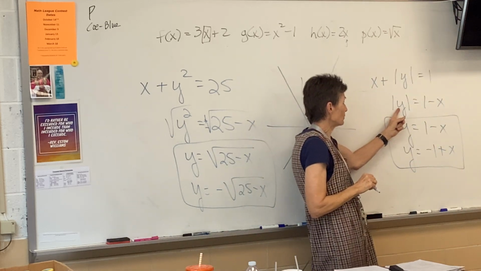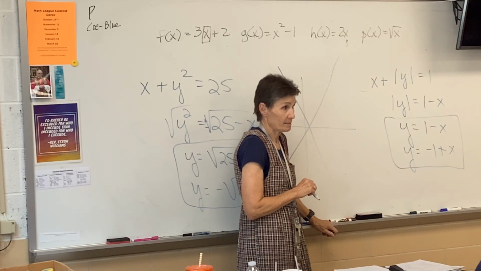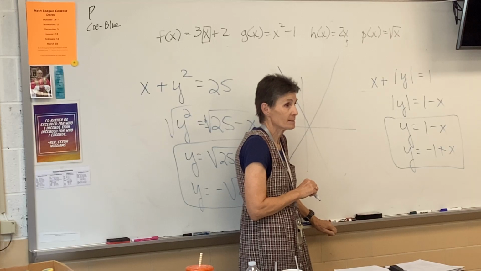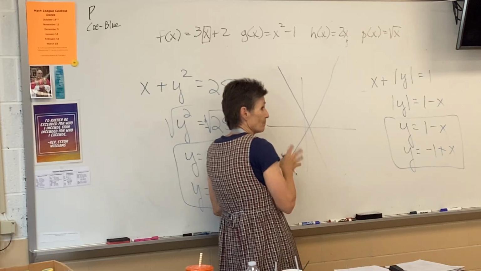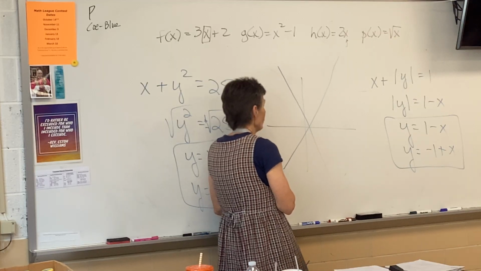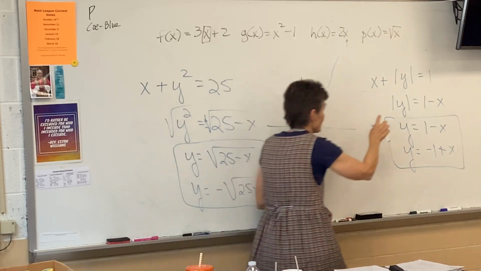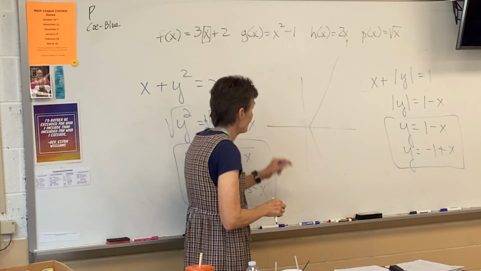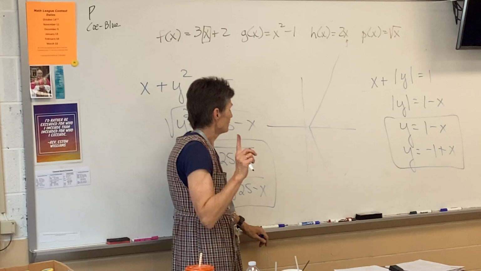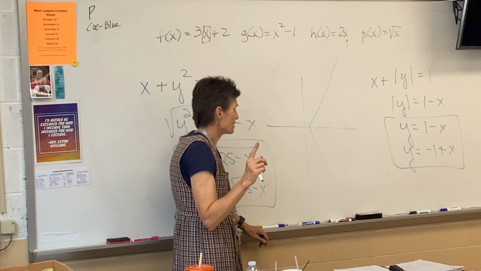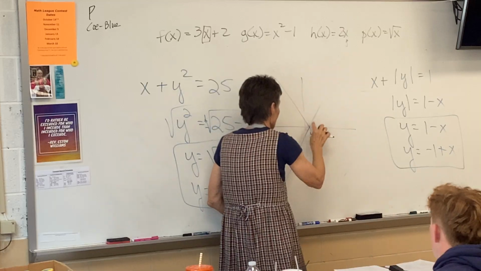When you take the absolute value of something, it has to be positive, right? So we can't look at this whole thing. We can only look at where this part right here is going to be positive, and that's out here. No, I want the other half, I'm sorry, I want this half. That's where it will be positive.